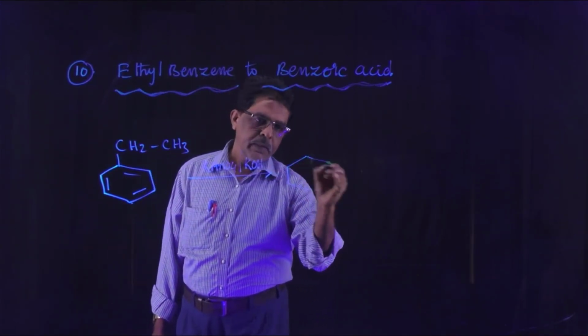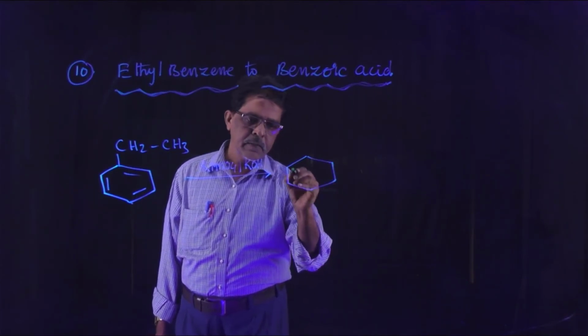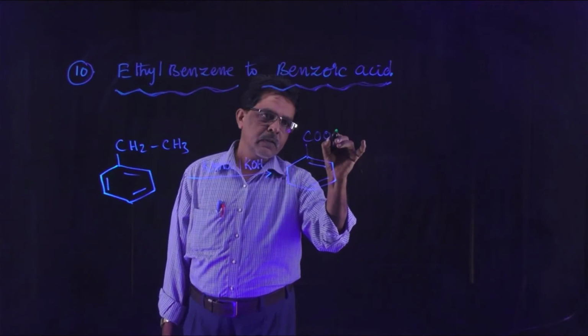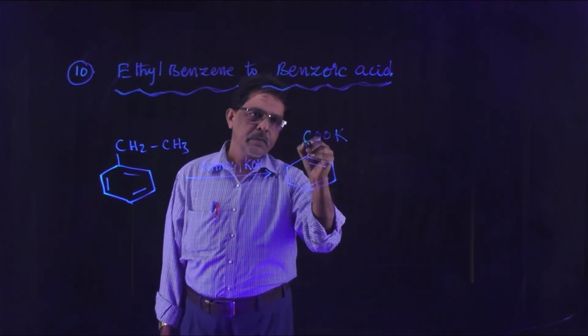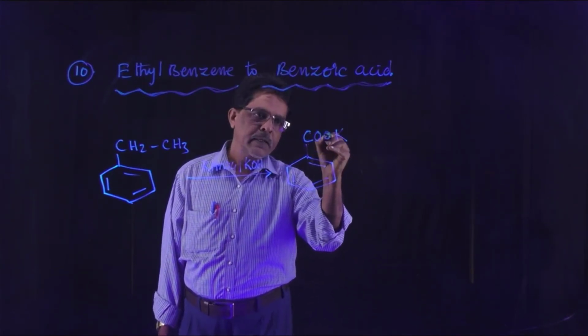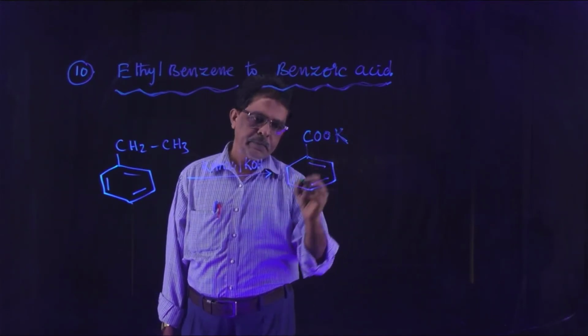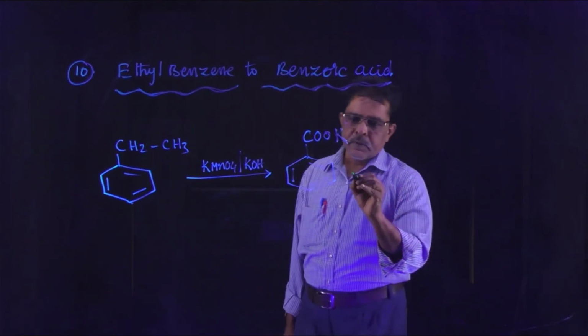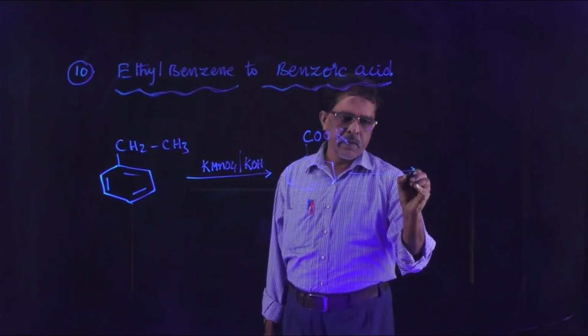So here we will get potassium benzoate, COOK. Potassium benzoate is first obtained on oxidation, right? This is subjected to hydrolysis.